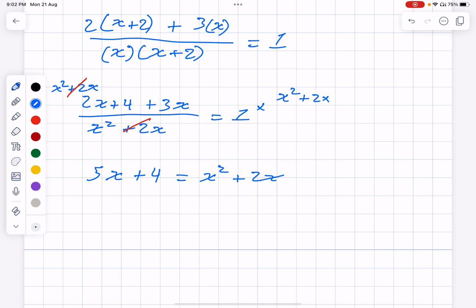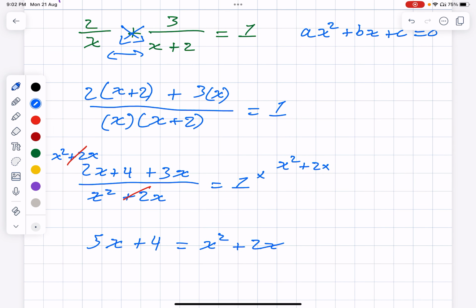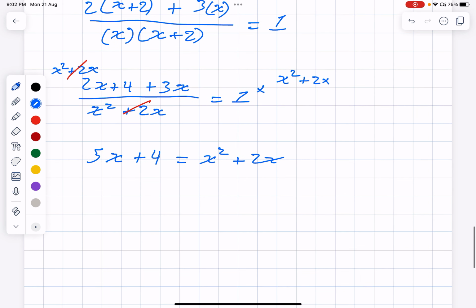Now it's very simple, and you can change it back to the original form, which is ax squared plus bx plus c equal to 0. So we're going to get x squared minus 3x minus 4 equal to 0.